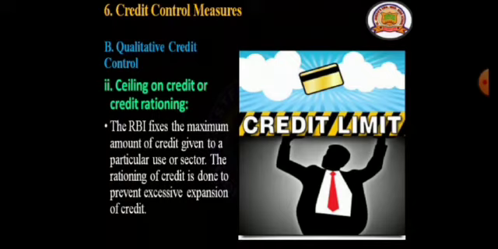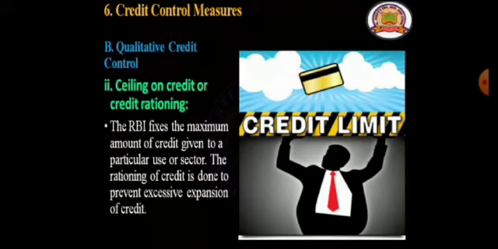If there is no maximum on the credit given to a particular sector or bank, it may lead to excessive loans to the people, or a situation of maximum credit in our country, which will affect our economy in the name of inflation.